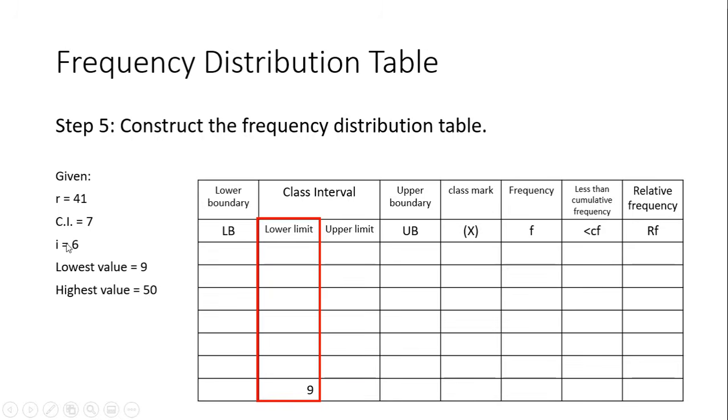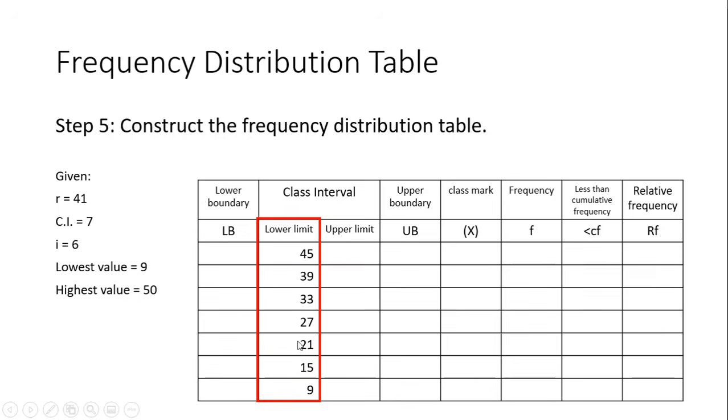As an example, we have it here. So 9, for us to get the next data, we will add 6. So 9 plus 6 will be 15. Here we'll be having 15. And then for the next lower limit, again we will be adding our class size. So 15 plus 6 equals 21.